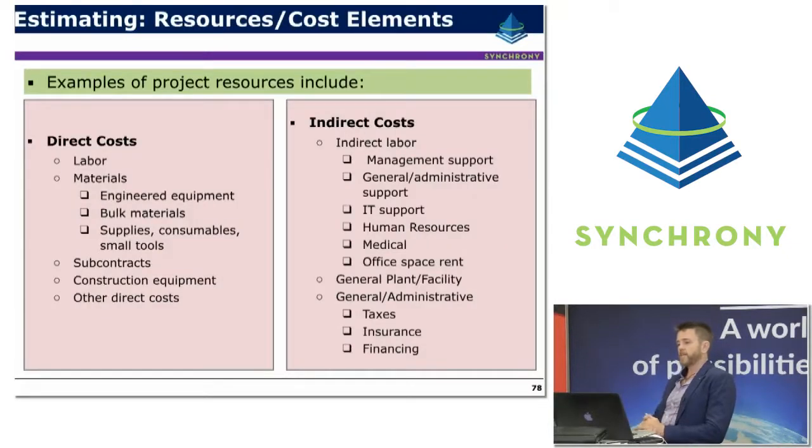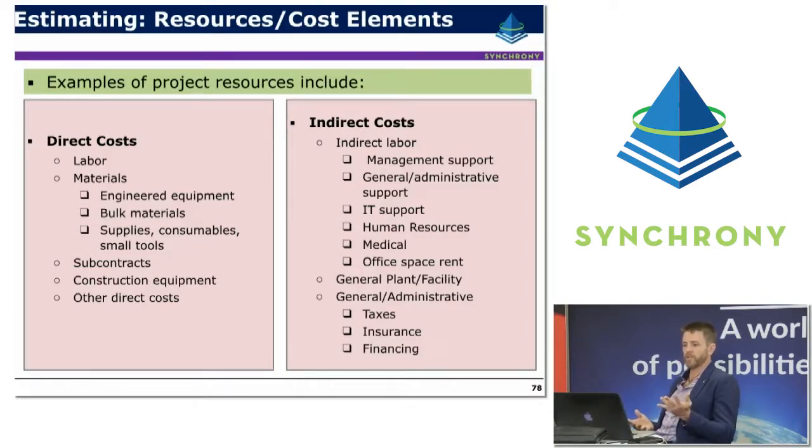So in terms of estimating and resourcing or cost elements, we've already touched a little bit in the first module on the two broad categories of direct and indirect costs. Most of the direct costs are the ones that are going to be within the control of the control account manager and the project manager, whereas the indirect costs are within the control to some extent. Quite often they're time dependent, but they tend to be more controlled at the organisational level.